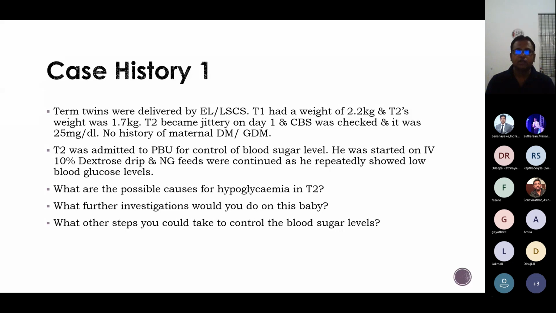But if you are giving higher concentrations, you need a central access or umbilical line, right? Apart from that, there are other drugs we can use, like hydrocortisone, glucagon, and so on. So we'll discuss about this later.